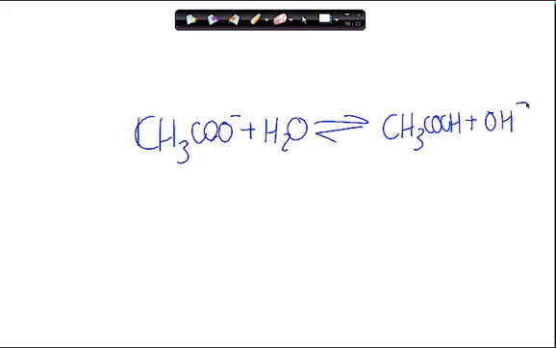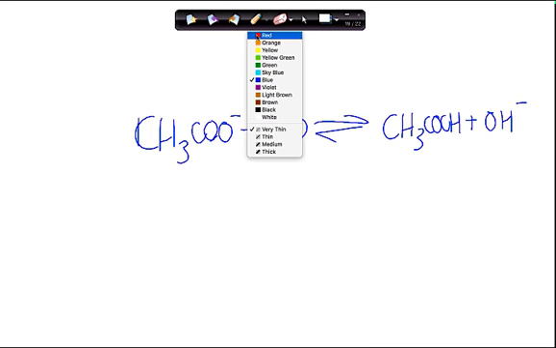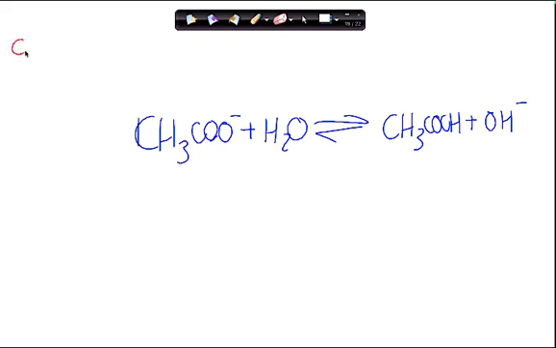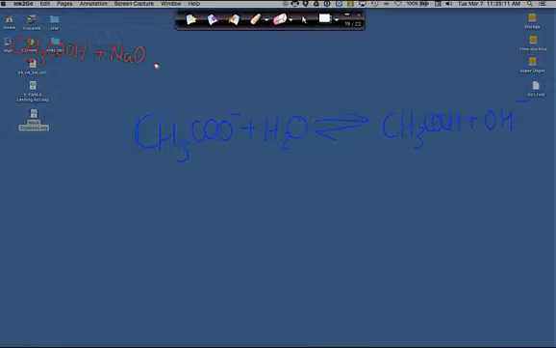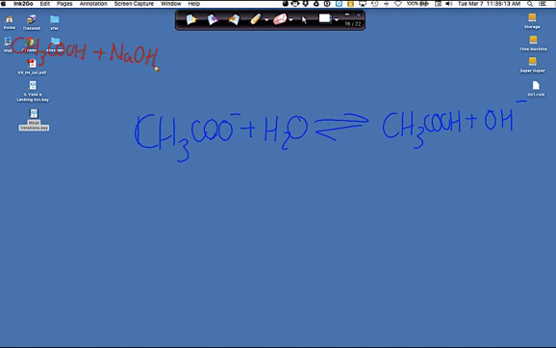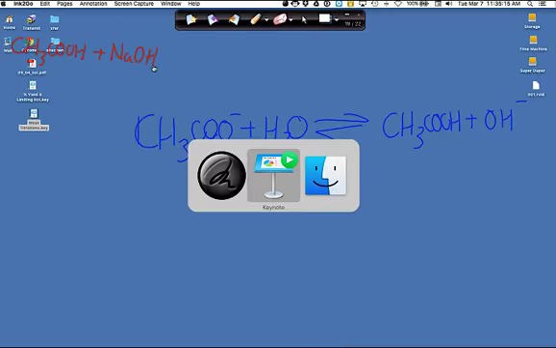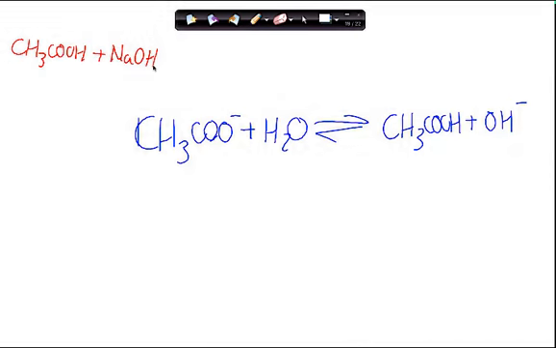It came from this chemistry. We had the acetic acid being attacked by the sodium hydroxide. This is the titration that we're studying. Acetic acid is reacting with sodium hydroxide.